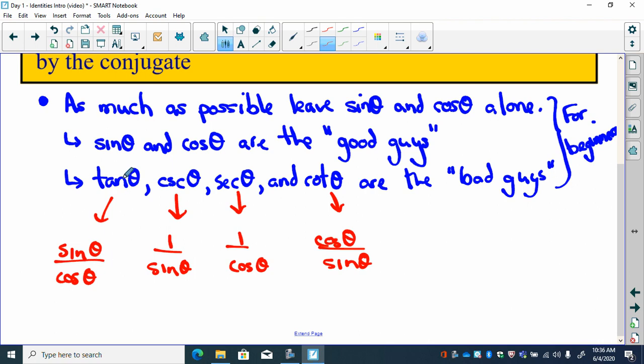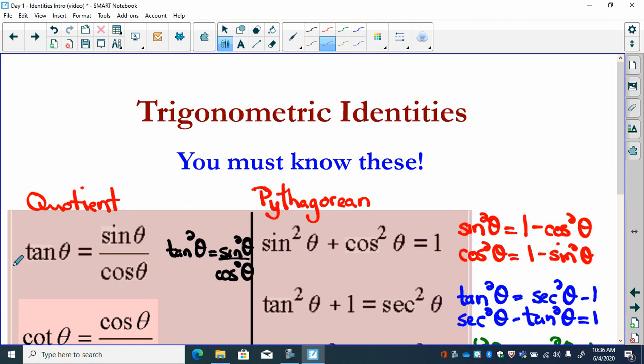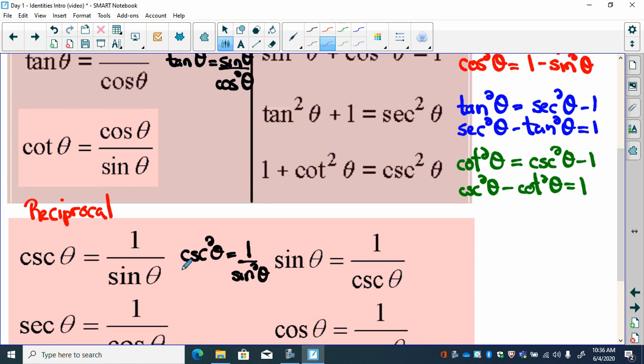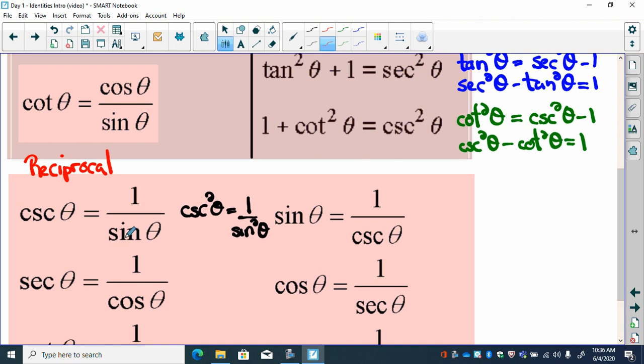If you're wondering where that came from, tan theta replaced with sine over cosine, look no further than right here. And cotangent, cosine over sine, look right here. The cosecant theta, I said was 1 over sine, well that rule is there. The secant theta is 1 over cosine, that equation is right here.